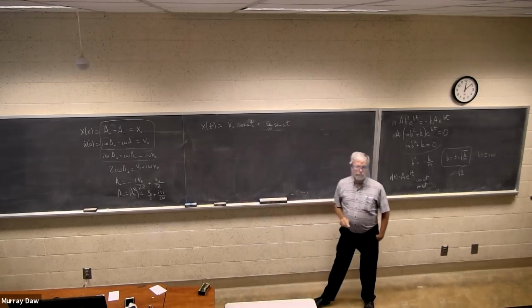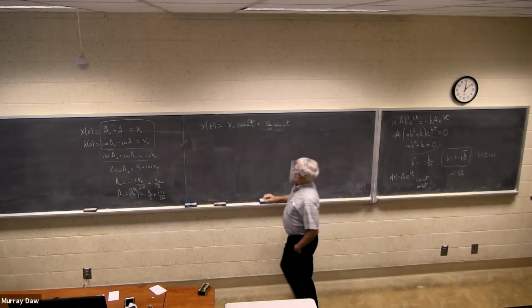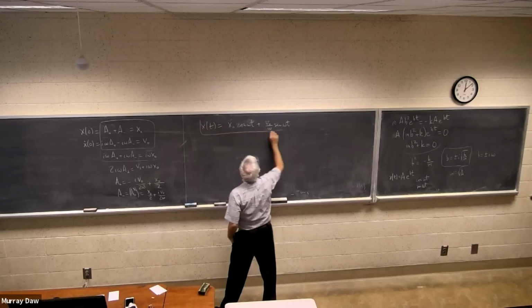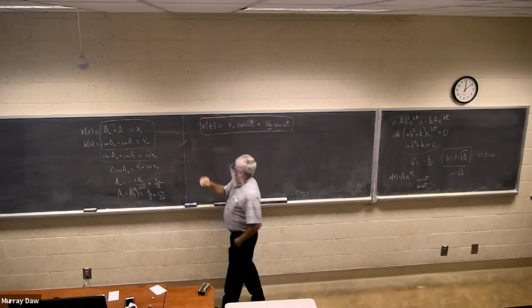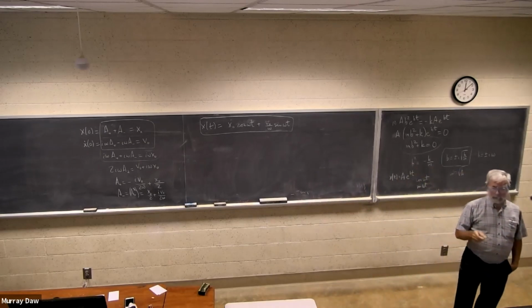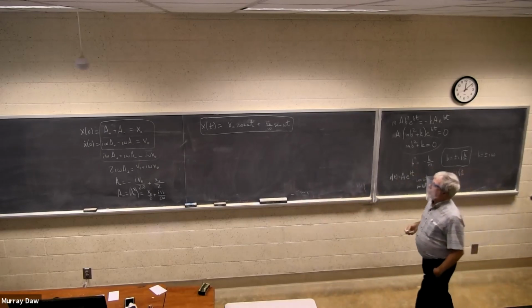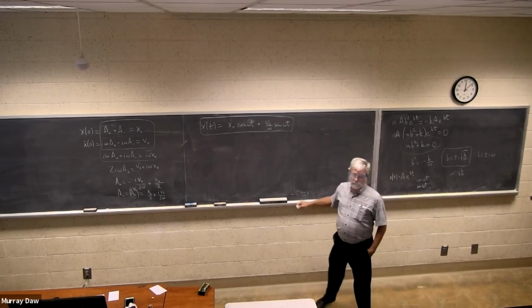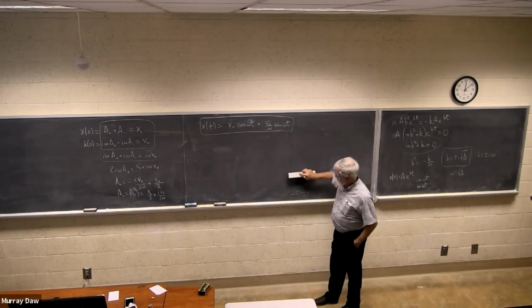That's it. Seems like it took a long way to get there. Perhaps you remember this solution from your introductory mechanics in the first semester. Probably written down. Here's the solution. I'm showing you how to get it.